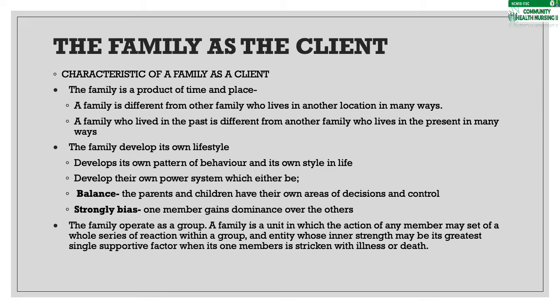So, we cannot say that any families are the same. Okay? Because the upbringing, the way they carry themselves, and the decisions made in one family are all different compared to another family. Now, a family who lived in the past is also different from another family who lives in the present in many ways. So we can say, it is a product of time and place.